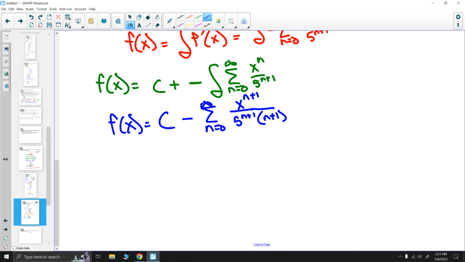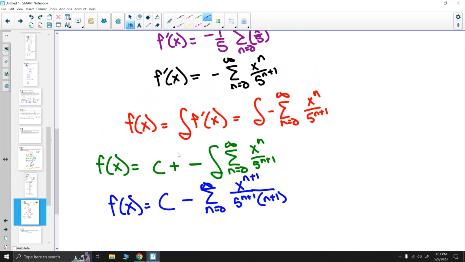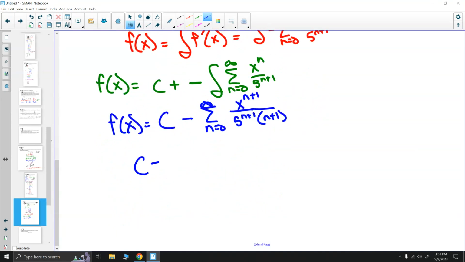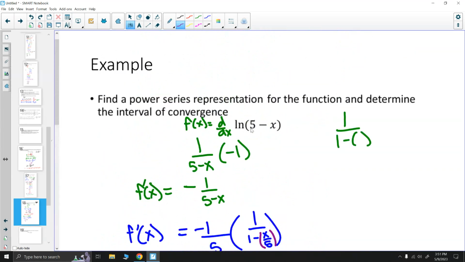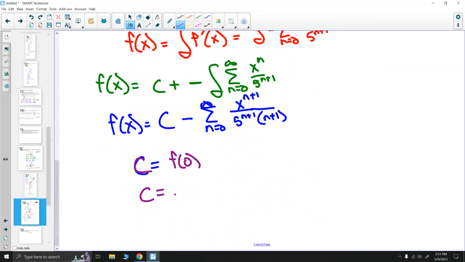If we want, we can find what c is. The way you find c is f of 0, basically. We're going to find c when x is 0 in our function, ln of 5 minus x. So instead of x, we're going to put 0, minus 0.